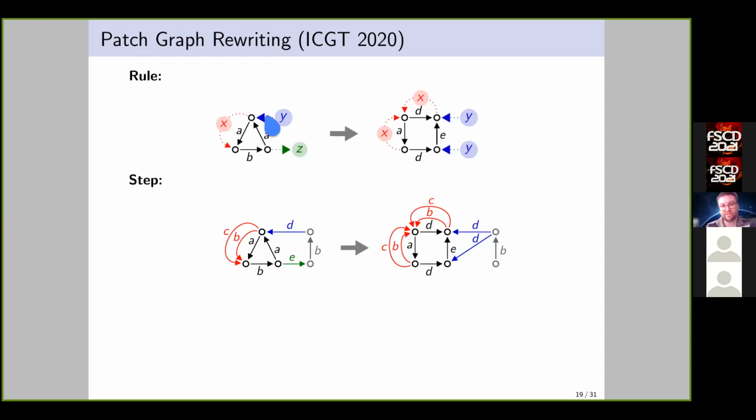And we can say that this set of edges Y here, D, should be connected to this node on top, but also copied and connected to this node on the bottom. So you see here, D is connected to this node and D is connected to this. And this set of edges X, this CB, is from this node to this and from this node to this, copied twice. So we can drop things: Z is dropped, this E is dropped. We can duplicate, and we can decide in a fine-grained way where we want to reconnect things.